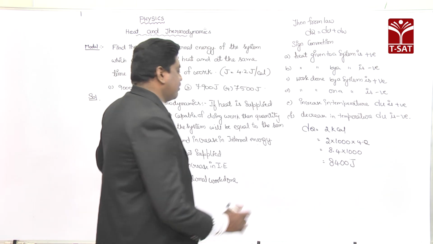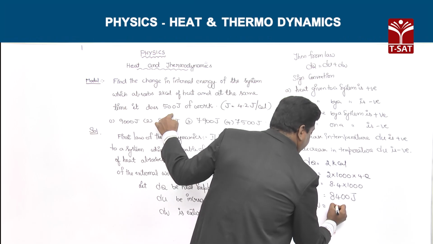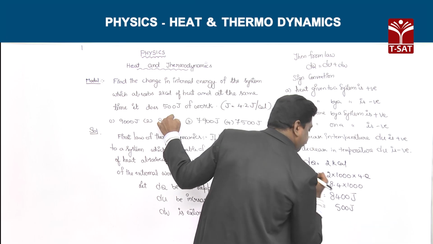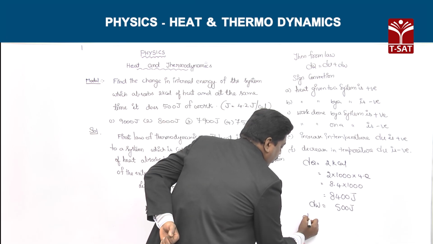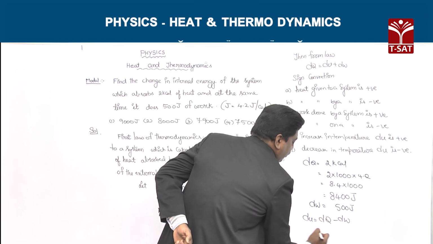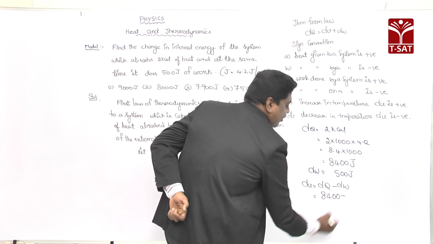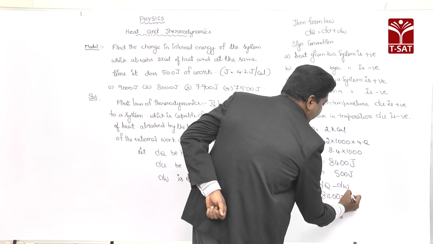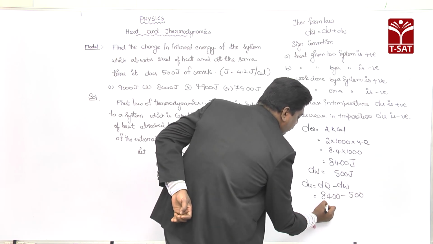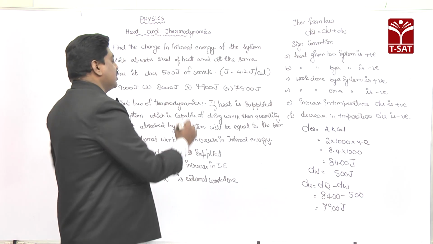And the external work done is dW equals to 500 joules. Okay. du equals to dq minus dw. dq is given as 8400 minus dw is given as 500. So, we will be getting it as 7900 joules, which is our third option.